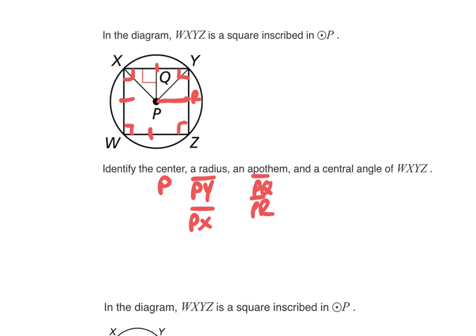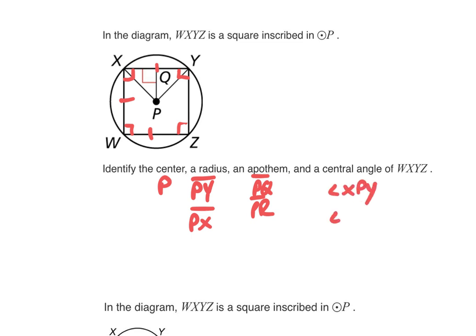Okay, a central angle would be an angle at the center, okay? We got several of them here. But the most important thing, when you name a central angle, what letter has to be in the middle? The center, right? P. P has to be in the middle. So I could say angle XPY.